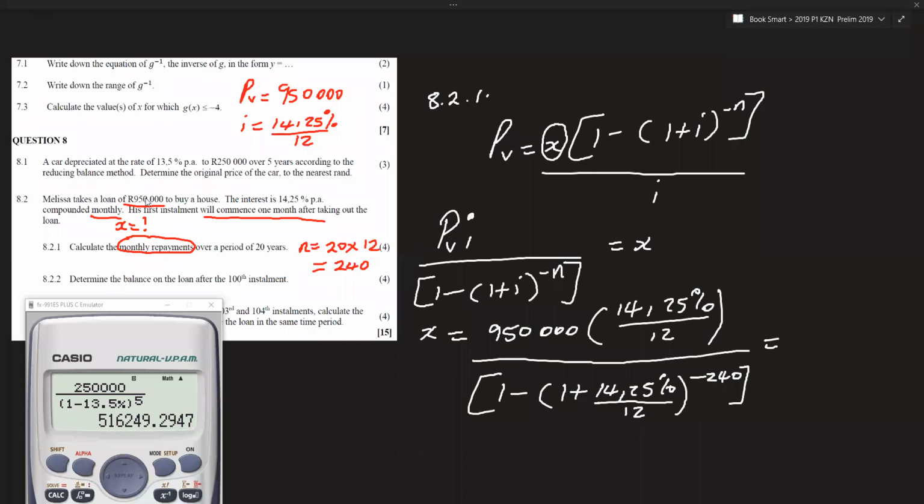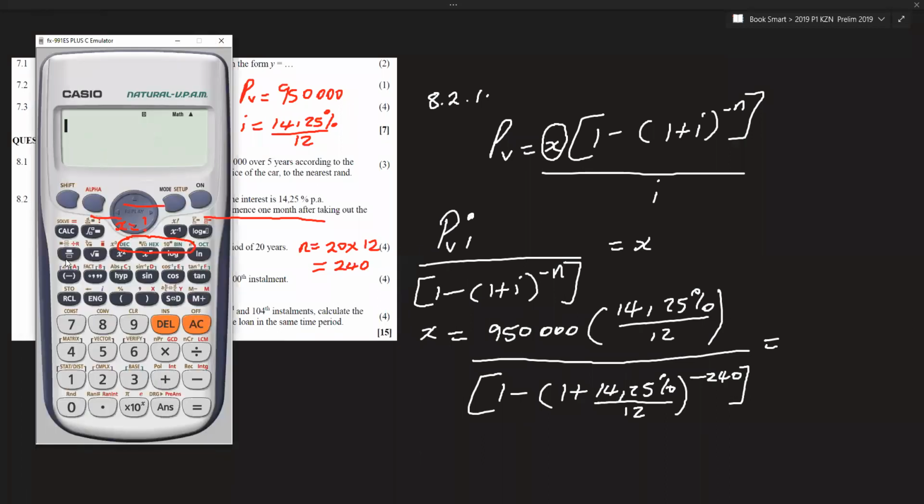So let's see. We're going to have 950,000 in bracket, and then 14.25 shift percent all over 12, and then we close the bracket. Then we come down, open the bracket, 1 minus 1 plus our interest there, and then we put in 12 there.